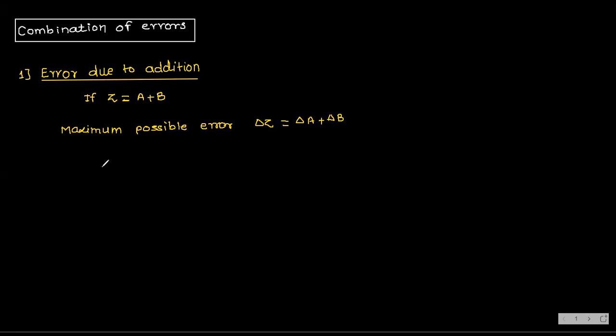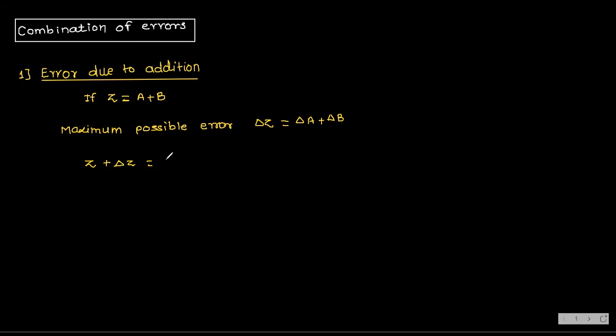Maximum possible error is delta z. And if you want z plus or minus delta z, or just z plus delta z I am writing here instead of minus. So z plus delta z, what are we getting?